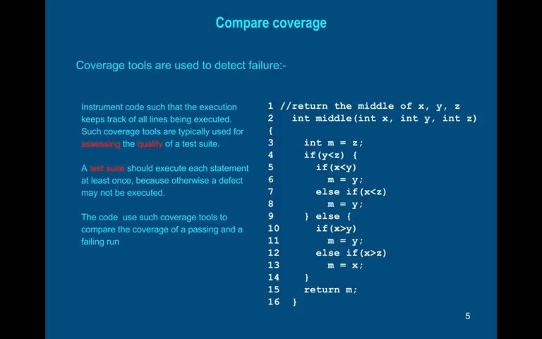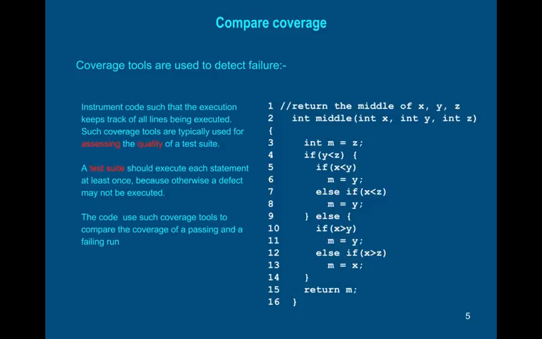Coverage tools are used to detect failure. So, instrument code such that the execution keeps track of all lines being executed. Such coverage tools are typically used for assessing the quality of a test suite. A test suite should execute each statement at least once, because otherwise a defect may not be executed.